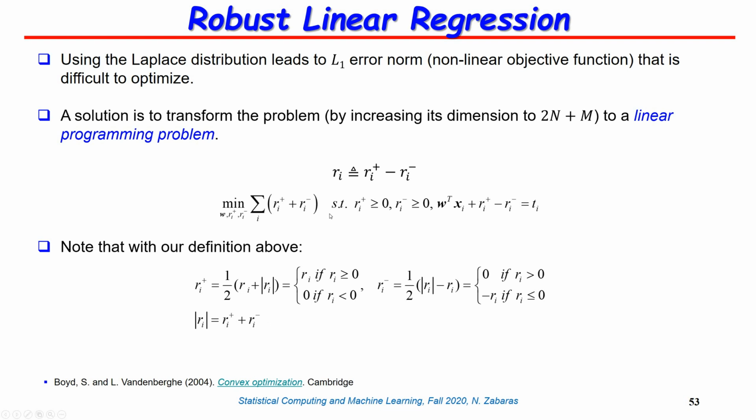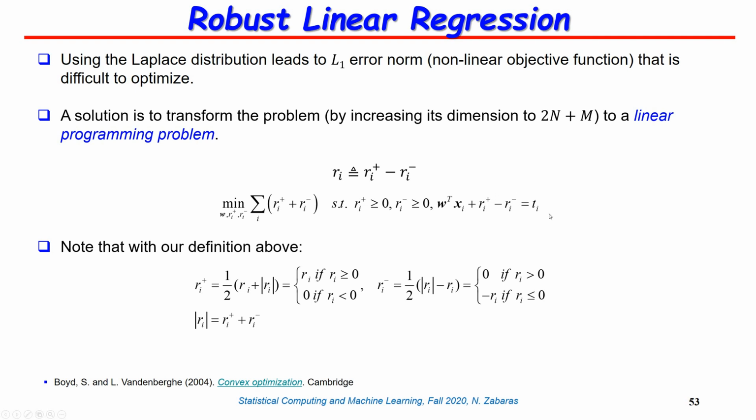The objective is to minimize the summation over all the training data points of Ri plus and Ri minus, but now with respect to W, Ri plus and Ri minus, in such a way that W transpose Xi plus Ri plus minus Ri minus is equal to Ti.